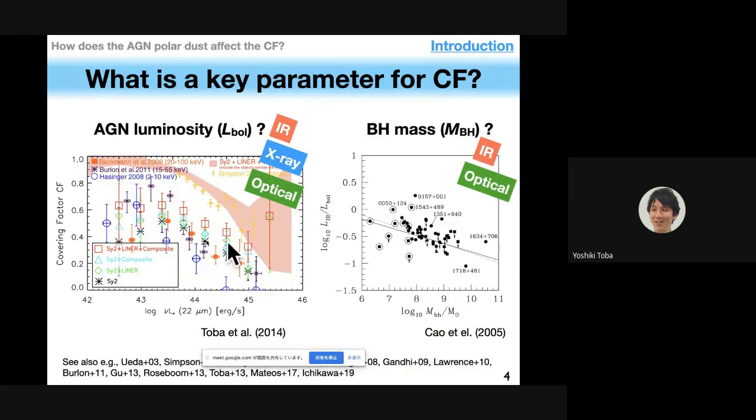As you can see in this figure, covering factor decreases with increasing bolometric luminosity or AGN luminosity. This trend actually could be the case even for infrared, optical, or X-ray selected AGN. In addition, some authors reported that covering factor may also depend on black hole mass like this.